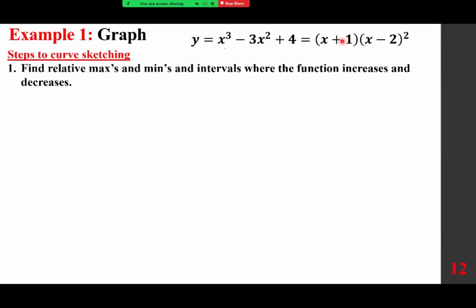In factored form, it is x plus 1 times x minus 2 squared. You have to go through the process of factoring it. This format easily gives us the y-intercept at (0, 4). This format gives us the two x-intercepts, (-1, 0) and (2, 0). I'm assuming everybody is comfortable with that. We are going to graph this using just this knowledge that we have.